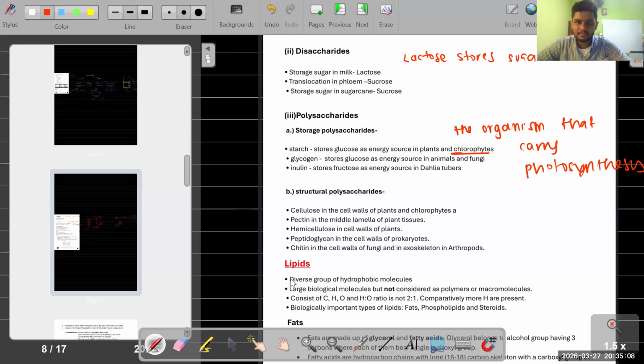I don't know whether she was able to understand the middle lamella part. Was it clear? I don't know whether you joined before that part or after. I joined later. Yeah.